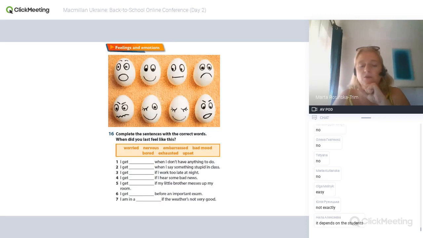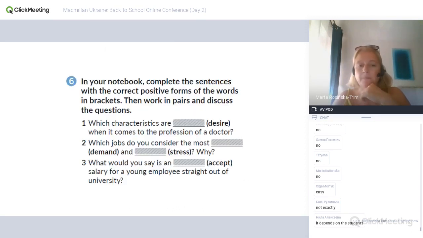In this case, it's actually quite implicit, because what the students have to do simply is to match up the words with the sentences without actually looking so explicitly at the particular suffix in this case. So it's worried, but nervous, and etc. So they can work on word formation both explicitly and implicitly as well.